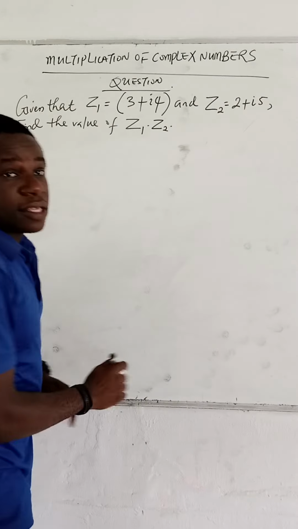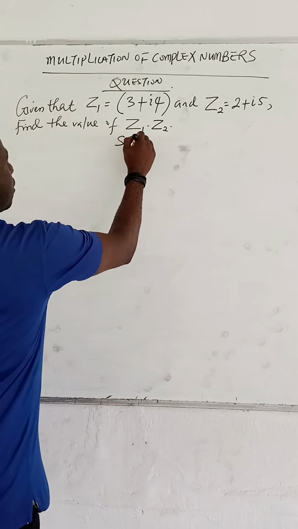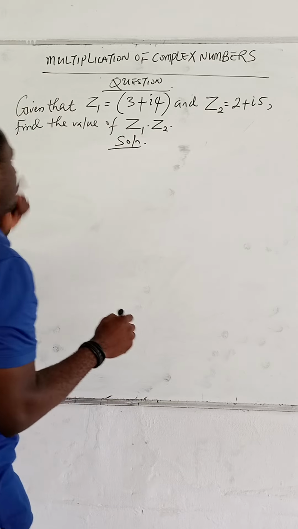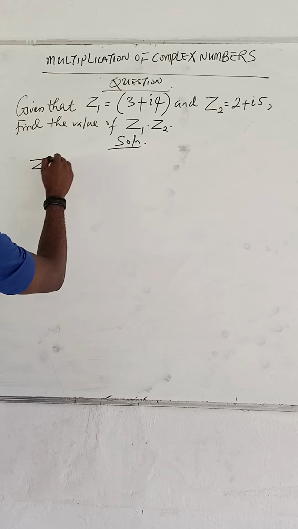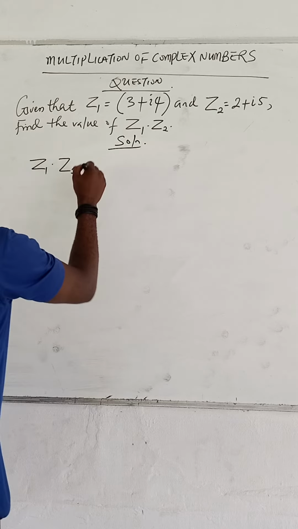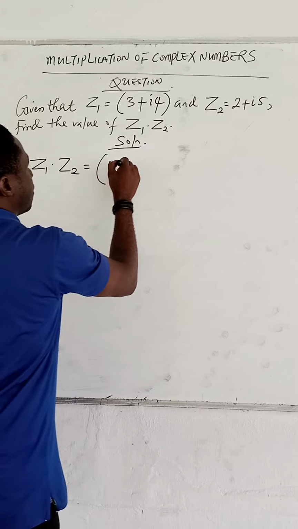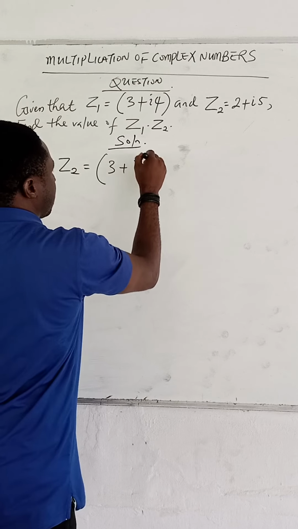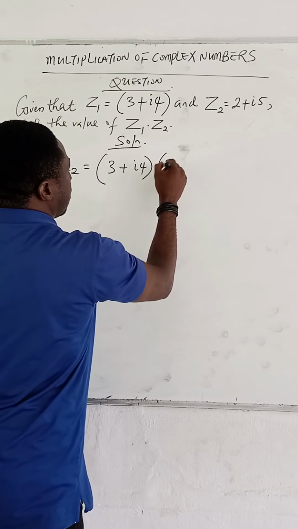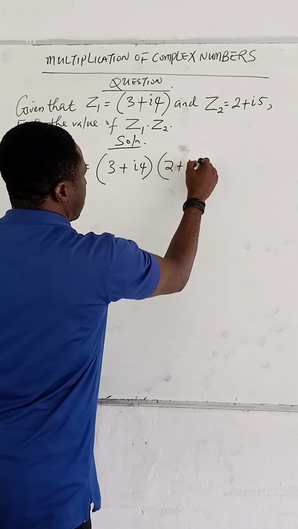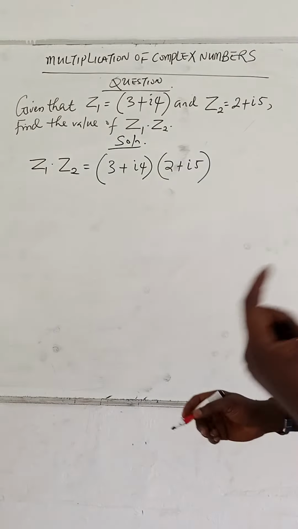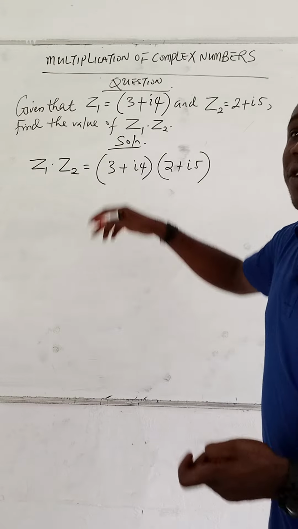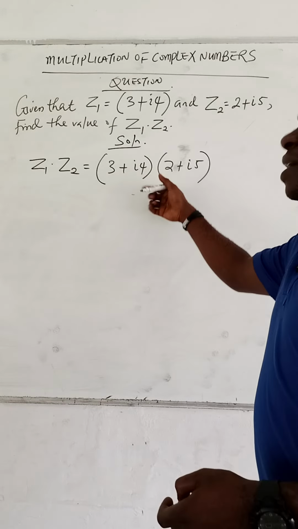So if you are given this kind of thing to solve, what you need to do is, this is multiplication. Just say z1 multiplied by z2 equals (3 + i4)(2 + i5). Now, remember, for every complex number, there is a real number part and there is an imaginary part.